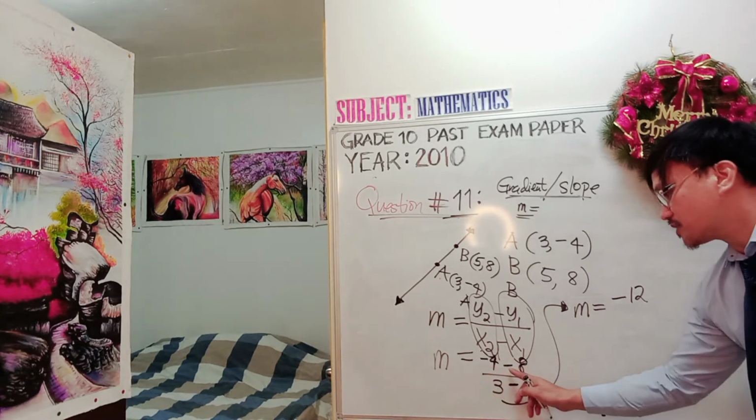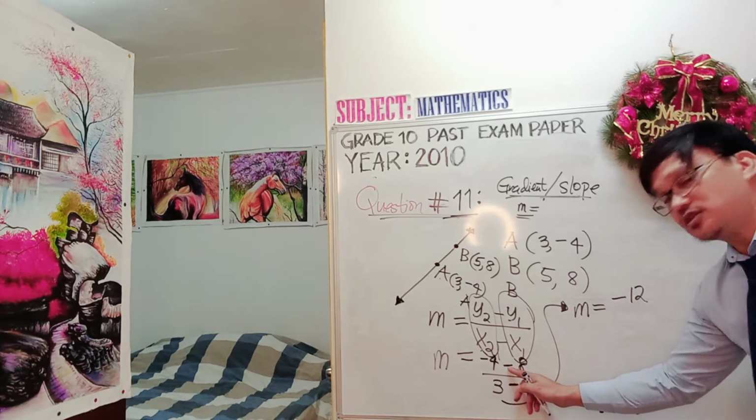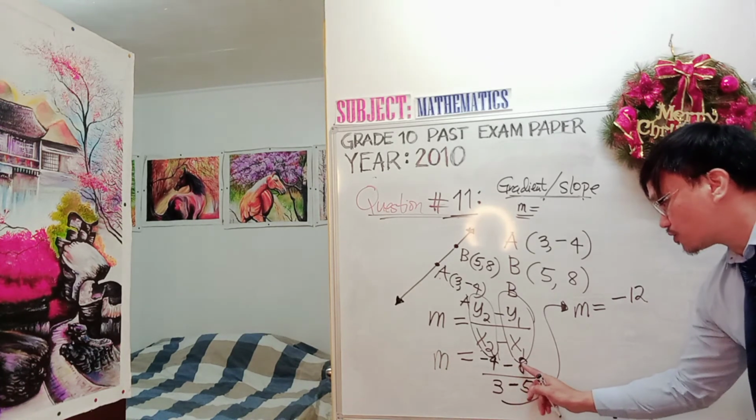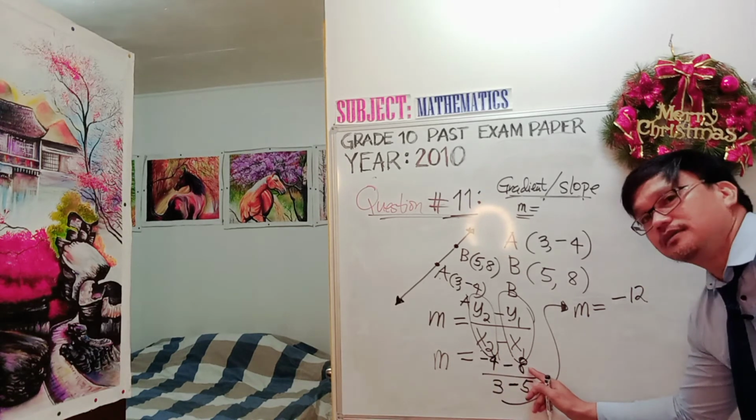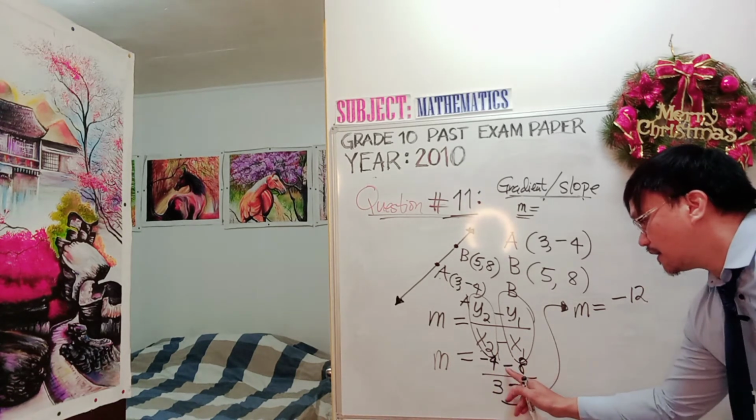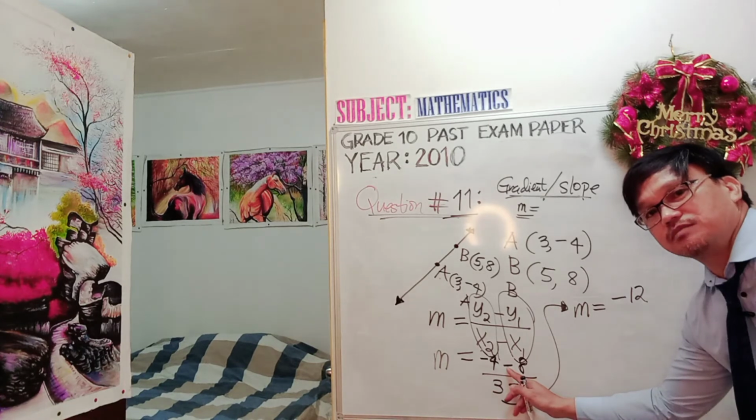When you are subtracting integers, you change the sign of the second number and the operation becomes addition.